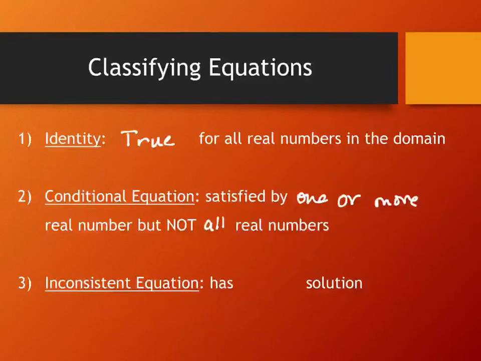In fact, the first example where they gave us the solution for us to test is also a conditional equation. It's only satisfied by one value. When we're dealing with linear equations, generally it's one value. When you have quadratic equations, maybe you have 2 values. It depends on the type of equation we're working with as to if it's one or the more part. And then an inconsistent equation, it has no solutions.